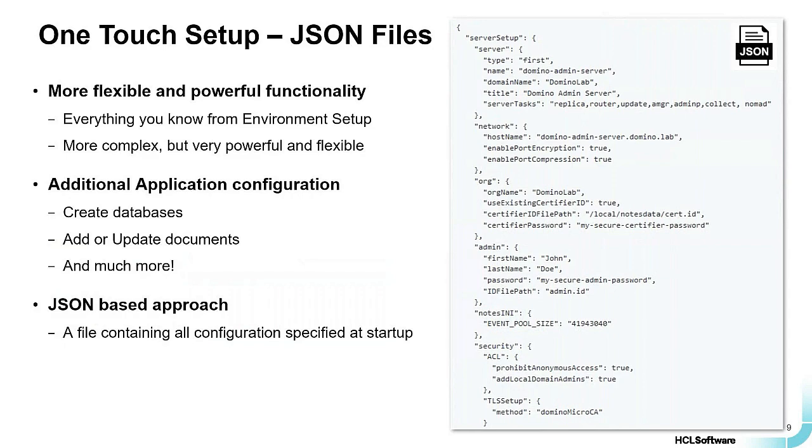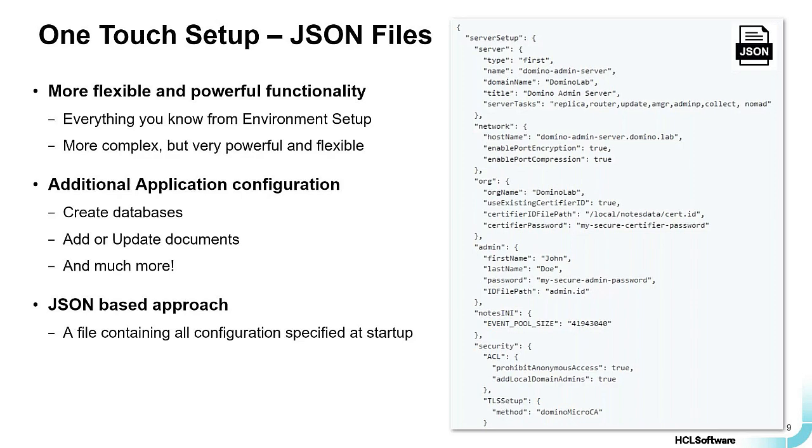So the additional application configuration only available for the JSON files can create databases, create documents, update documents, and much more. All right. It's one single file, and it contains all the details.